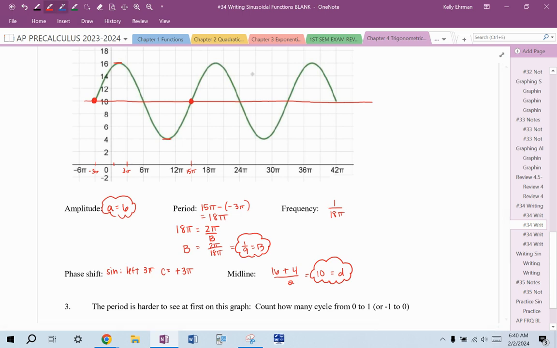Now, if I'm looking at this as a cosine curve, I might choose to look at this peak to this peak. So where does this peak start? It's kind of hard to see, but you can use symmetry here. By my estimate, this is 1.5 pi, because it is halfway between negative 3 pi and 6 pi.